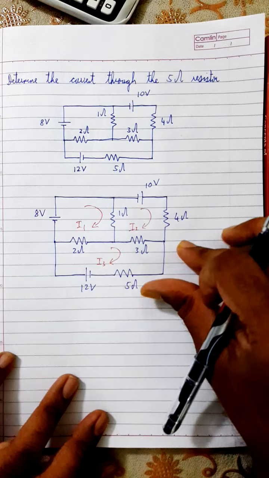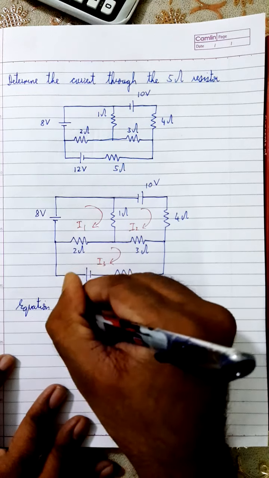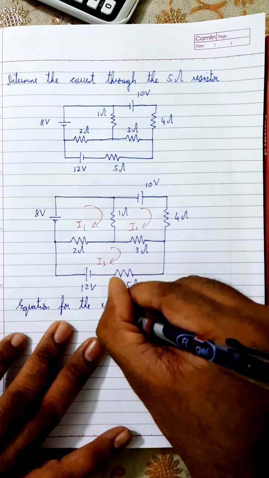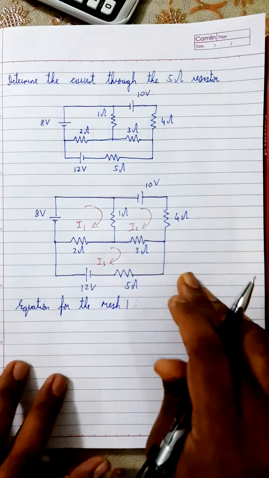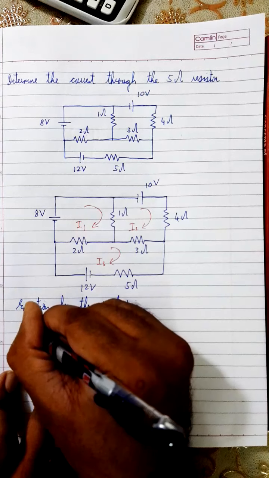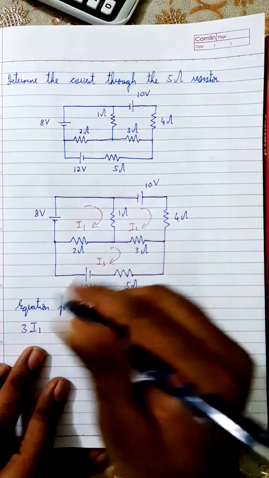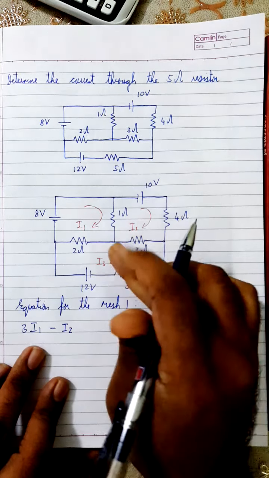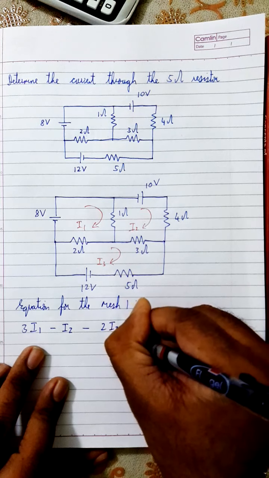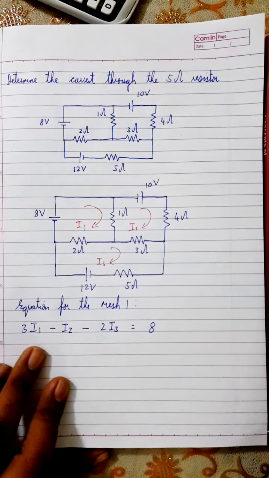So let's do this question. First I write the equation for mesh 1. The procedure for the remaining problem is the same. Here I1 touches 2 plus 1, so 3, so it is 3I1, and I2 touches only here, so it will become minus I2, and I3 touches only this resistor, so it will become minus 2I3, and this voltage source is creating I1, so it is equal to 8.